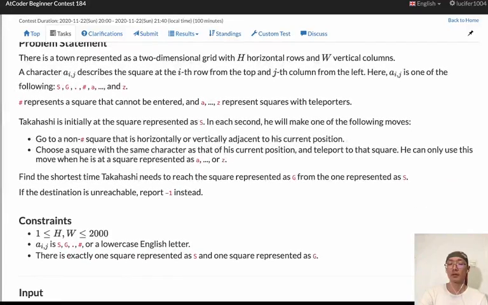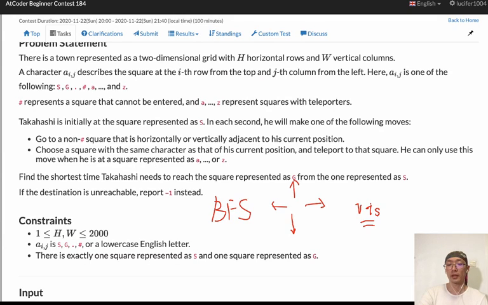So first, suppose that there are no teleports in this problem. Then obviously we can use breadth first search to solve this problem. In each turn, we just try all the 4 possible directions. We will use a Boolean array to mark whether a cell has been visited or not.